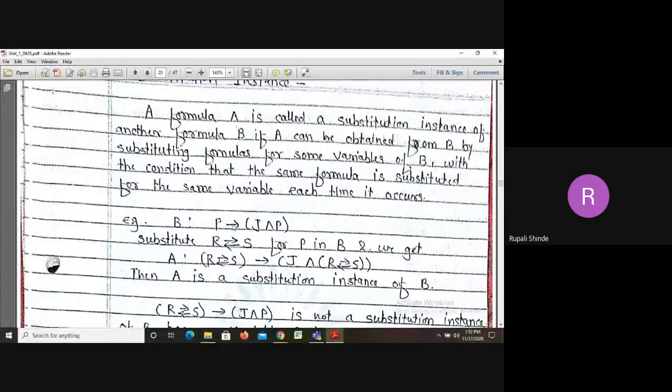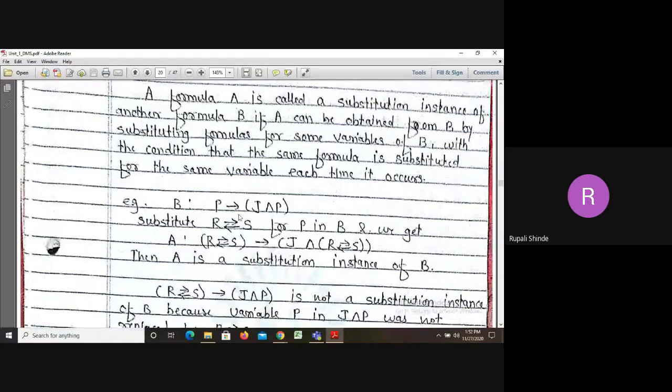But if you replace only one P, suppose we replaced the first P by this formula and kept the second P as it is, then your formula is R biconditional S conditional Q and P. But this is not a substitution instance. Why? Because we have not replaced this second P by this formula.